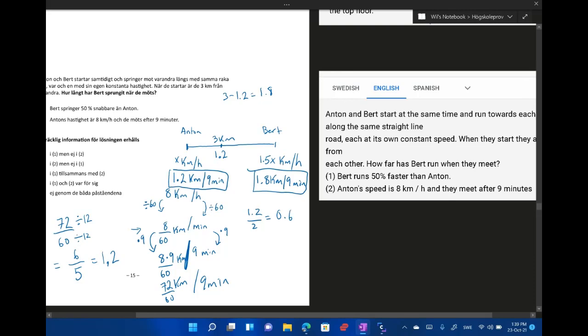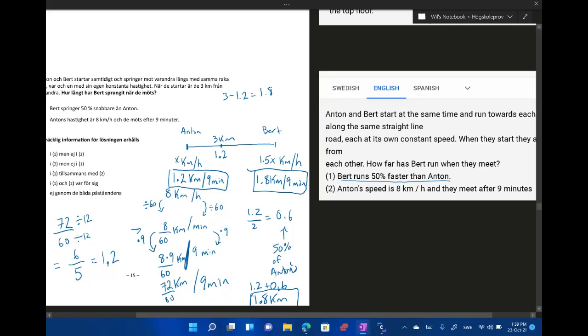And this represents 50% of Anton's speed. And here it says Bert runs 50% faster than Anton. Well, if we add that on to Anton's speed, 1.2 plus 0.6, well, that's going to give us 1.8 kilometers, which we got here.